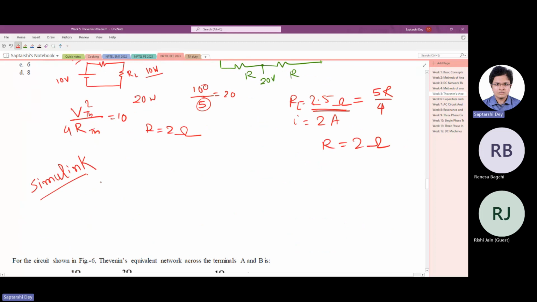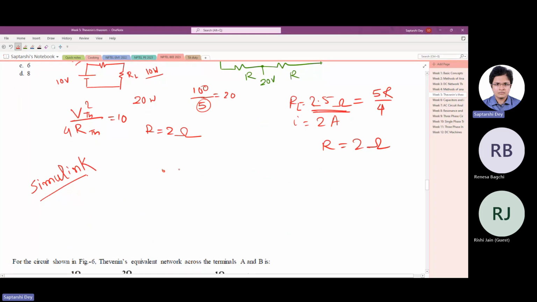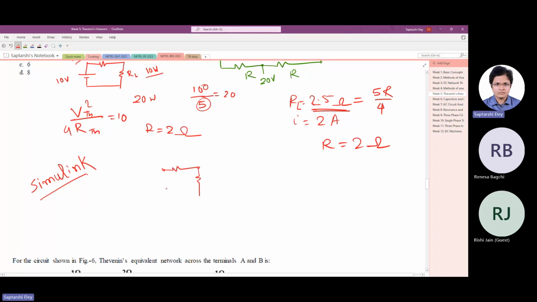In Simulink, you will get everything like resistance and voltage source. It's a very powerful tool compared to these solutions. We are only talking about steady state here. Anyway, these circuits do not have a transient. Cross check your solutions using that software. Inside MATLAB there is something called Simulink. You can use that.